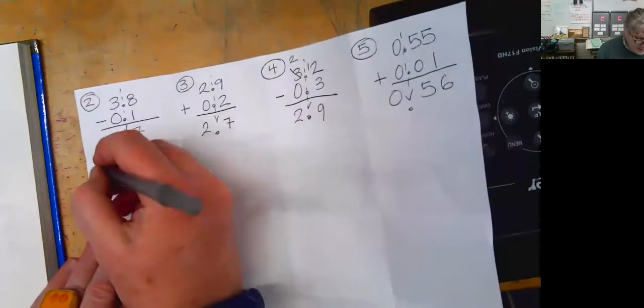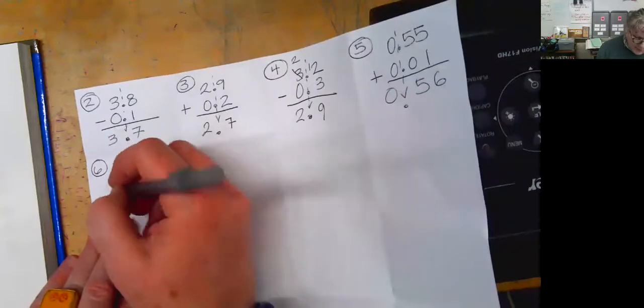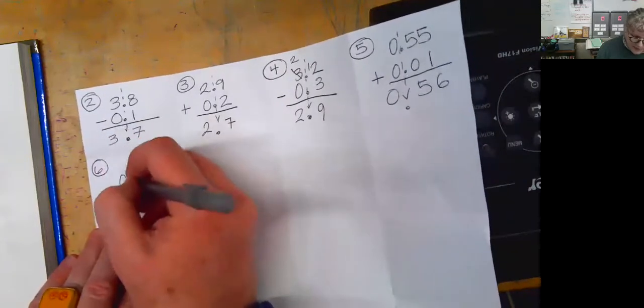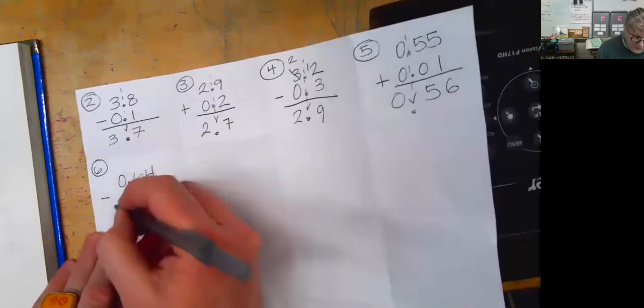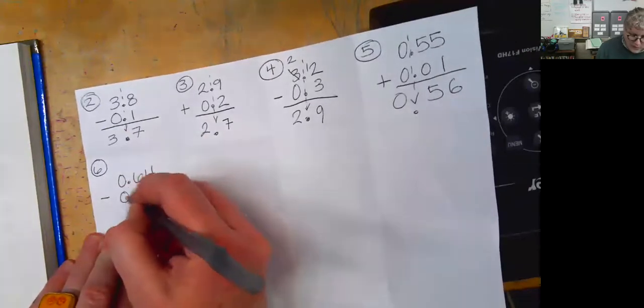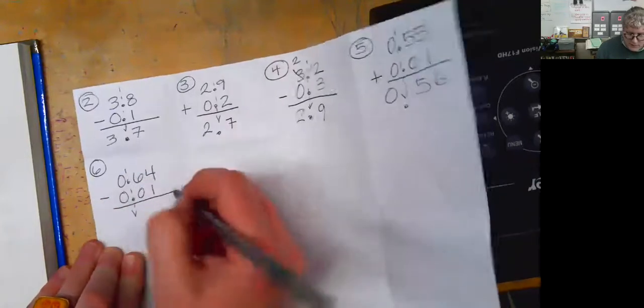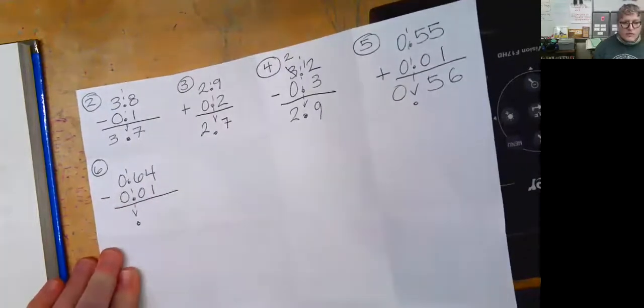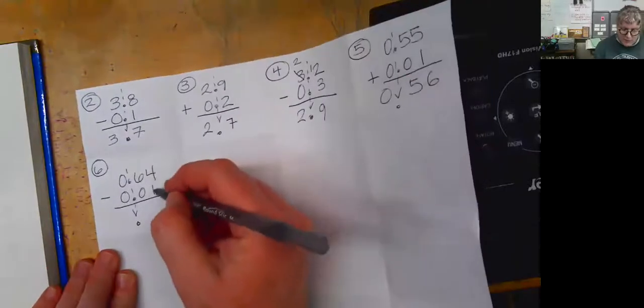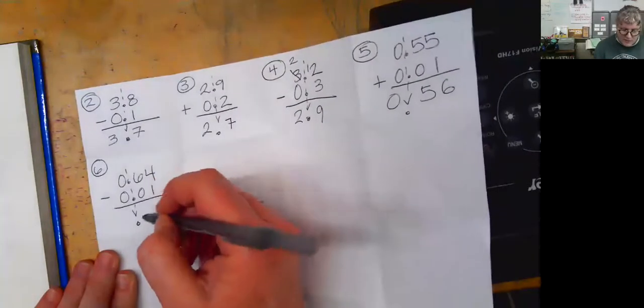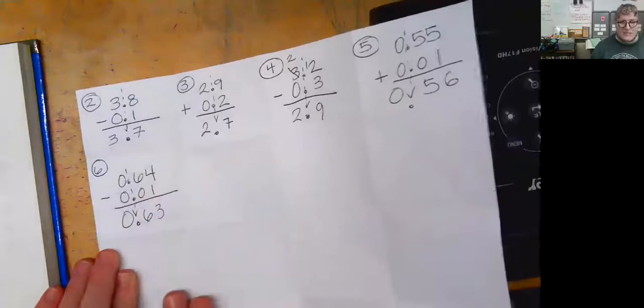Pretty easy. Number 6. This time we're subtracting. We have 64 hundredths, and we're subtracting 100th from that. So when we subtract, we do 4 minus 1, 6 minus 0. So we get 63 hundredths.